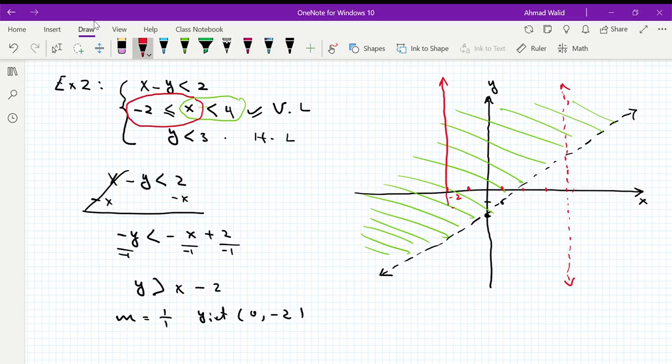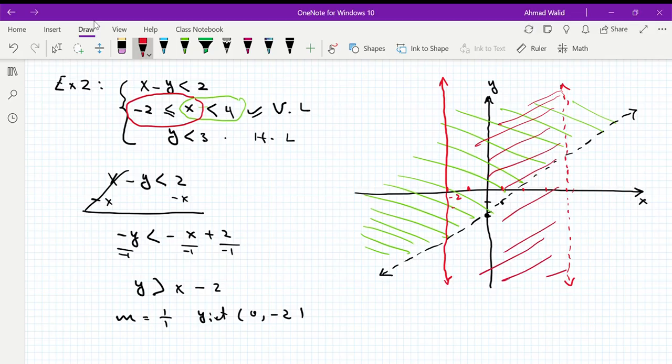You see, actually you have 4 inequalities. For x less than 4, I'll shade the left side. For x greater than -2, I'll shade the right side.